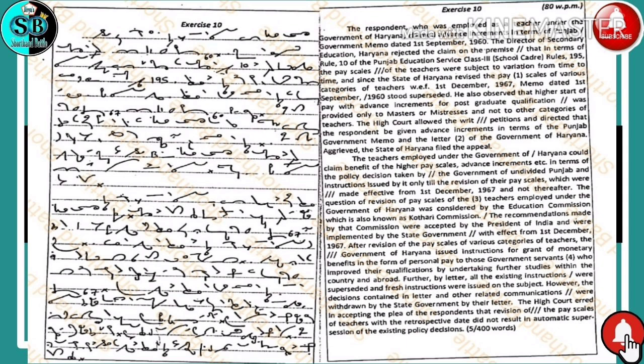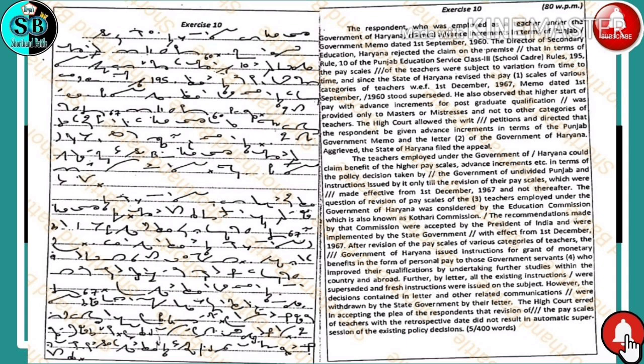The Director of Secondary Education, Haryana, rejected the claim on the premise that in terms of Rule 10 of the Punjab Education Service Class 3 School Cadre Rules 195, the pay scales of the teachers were subject to variation from time to time, and since the state of Haryana revised the pay scales of various categories of teachers with effect from 1st December 1967, memo dated 1st September 1960 stood superseded.